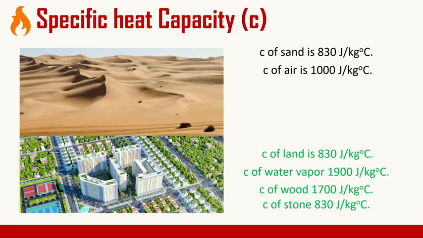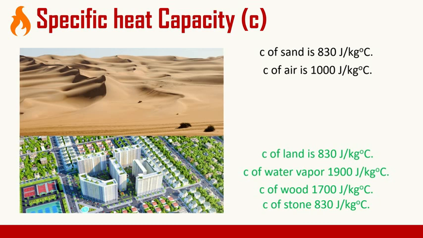Okay, what about in the desert? In the desert, as you can see, dominantly we have two substances. The first one is the sand, the second one is the air. In the city, like in Bandung, we have many materials. We have land, we have water because it is humid. We have wood from the trees or maybe the building, and the stone from the building or from the ground.